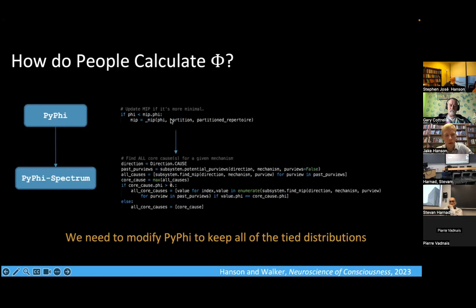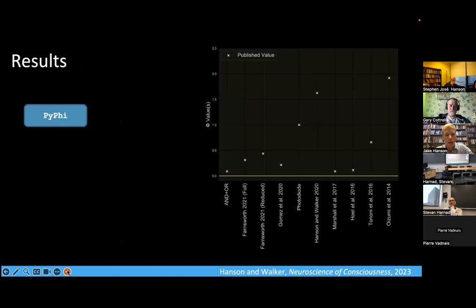So I rewrote the phi code, or I wrapped it, and I had it find all of these tied cause repertoires and keep all of them so that I could figure out what the actual phi values are that are valid according to the technical definition of phi. And then I applied that to all the systems I could in the literature.